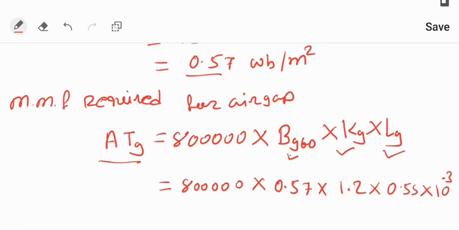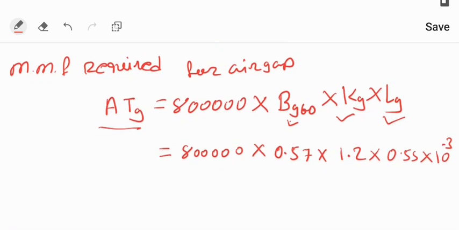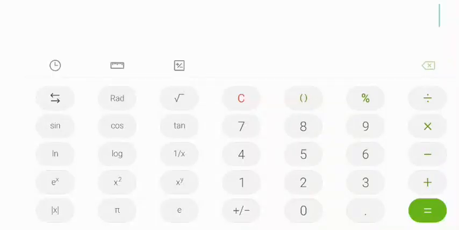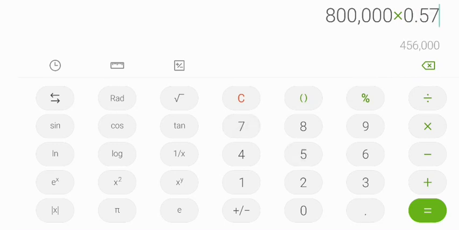After making the calculation, if you would like to do it on the calculator, I will show you how. For ATG, first put in 80,000 into 0.57 into 1.2 into 0.55.